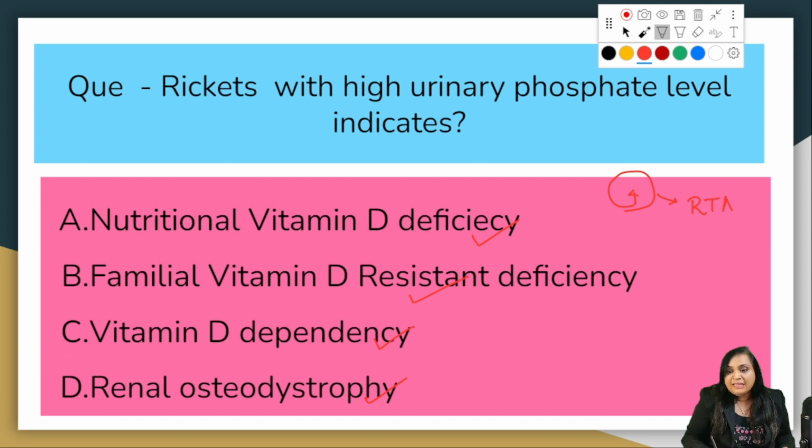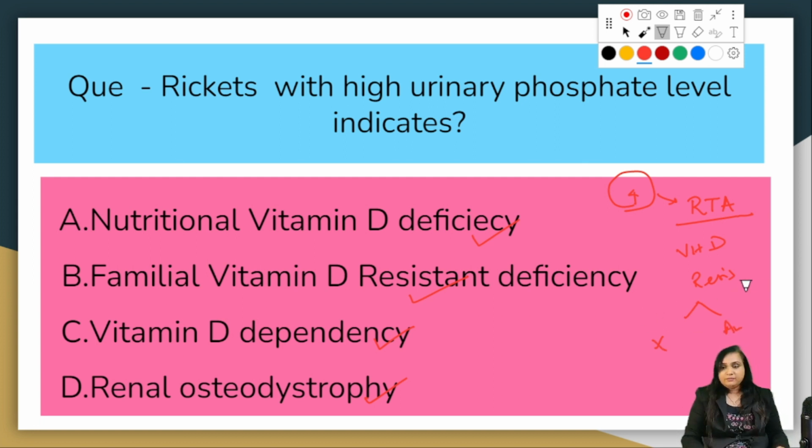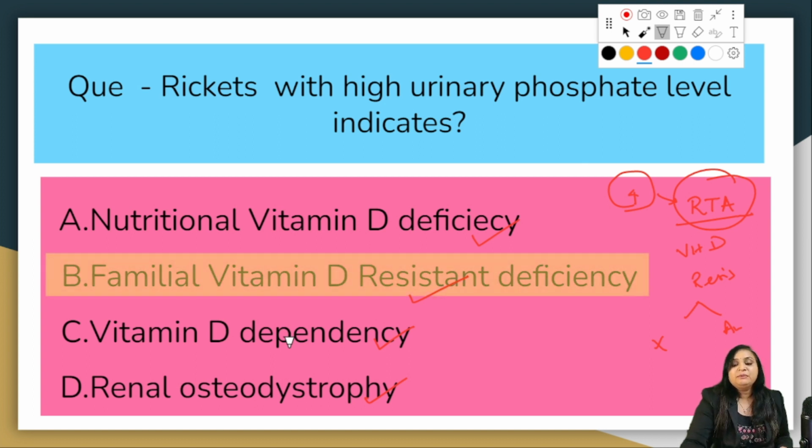So it could be either RTA, or vitamin D resistant rickets, which is of two types, X-linked as well as autosomal, familial and hereditary. Here there is no mention of RTA. So the correct answer is option B, familial vitamin D resistant rickets, in which we get a high urinary phosphate level, because there is no proper reabsorption of phosphorus from the kidney.